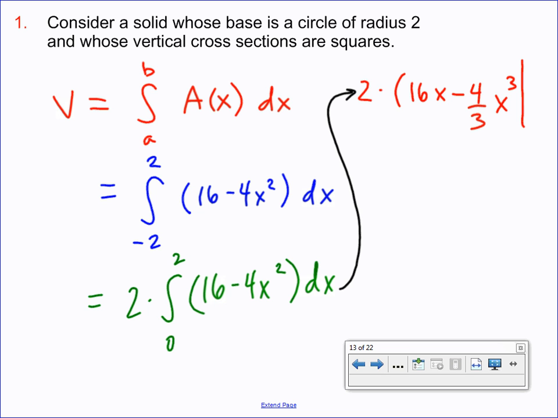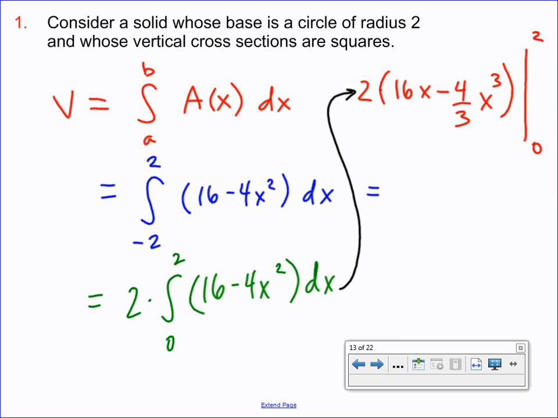Trying to fit everything here. Can I do it? I think I can. Did we get it all? 16x minus 4/3 x cubed. Great.